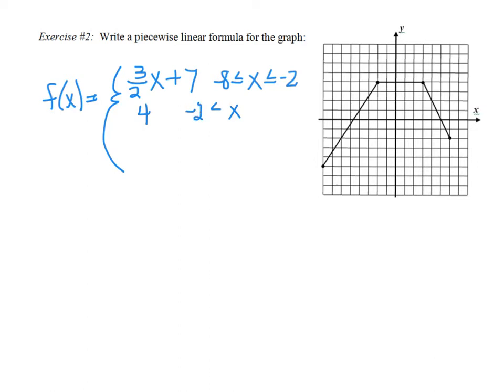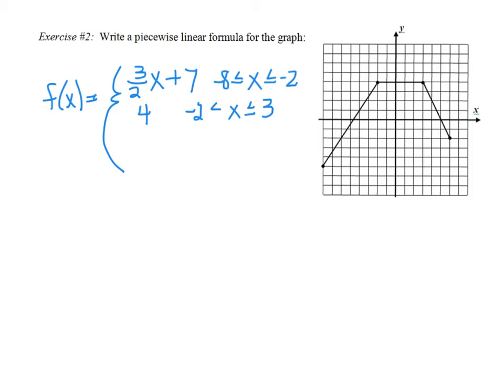And again, it's my choice. I could have included it on this portion and not on the previous. I'm going to keep going and say let's let x be less than or equal to, and if I look at where that horizontal portion ends, it ends at 3. I again would have the choice of deciding whether the 3 would be part of the horizontal section or the downward section that's decreasing, only included in one part.